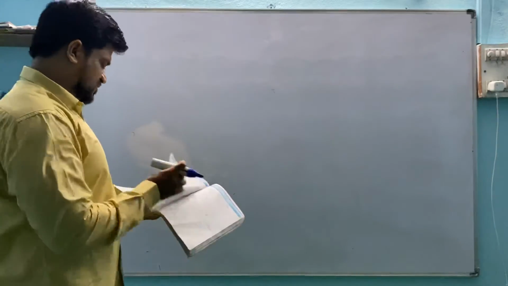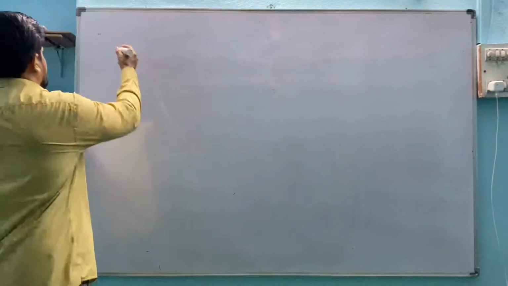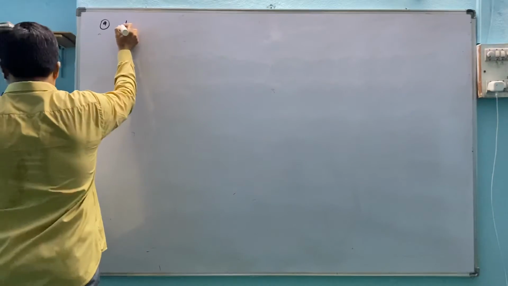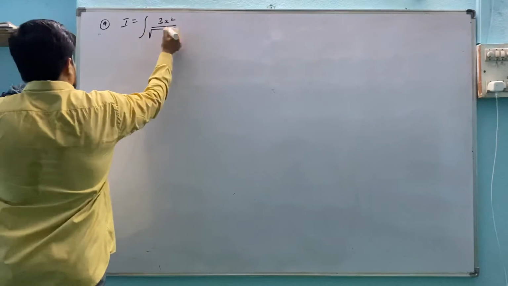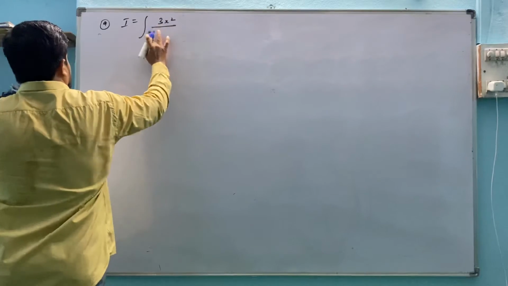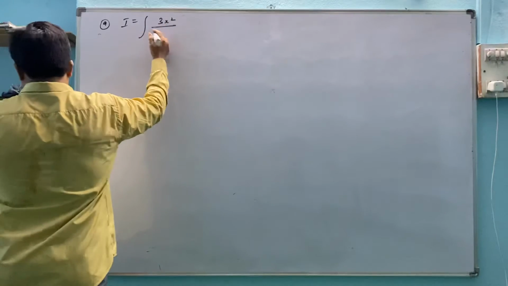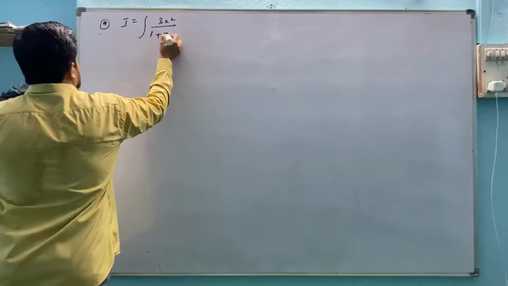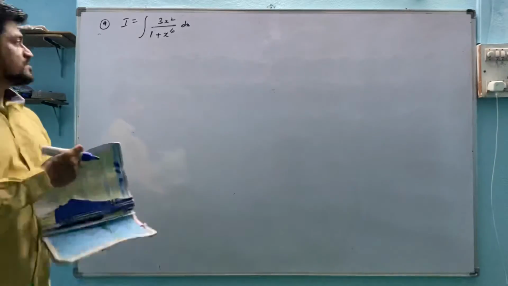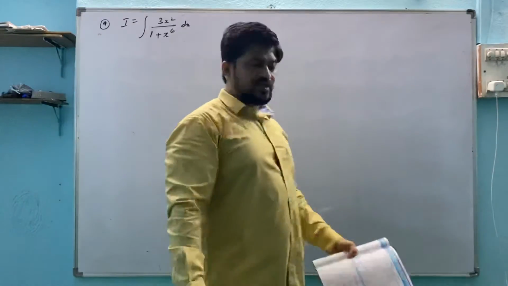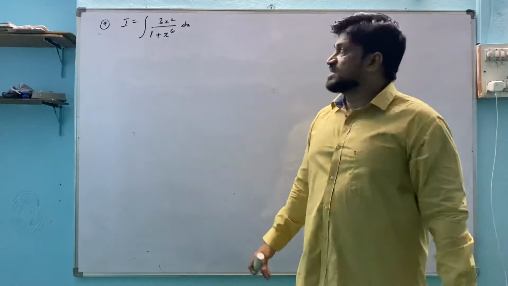One more type of these questions is there. So what we have: 3x square by 1 plus x power 6.